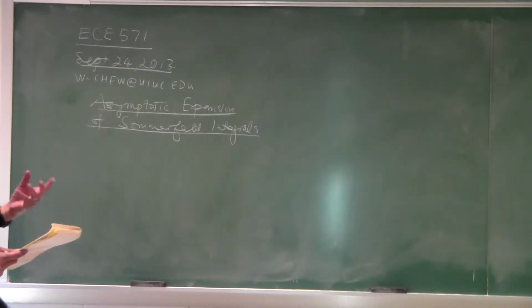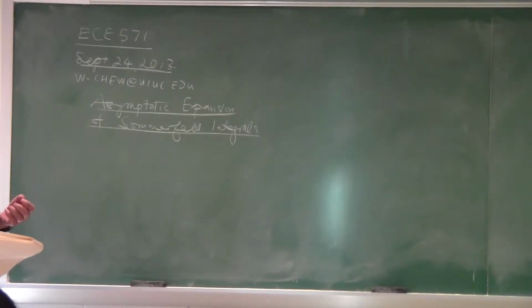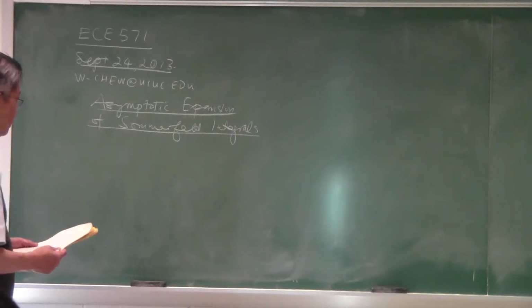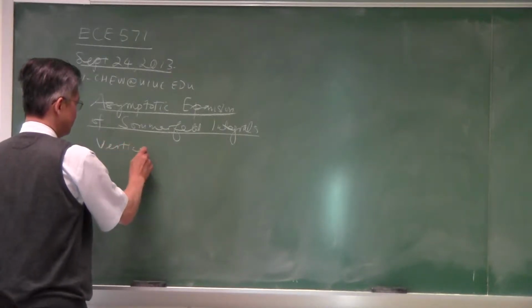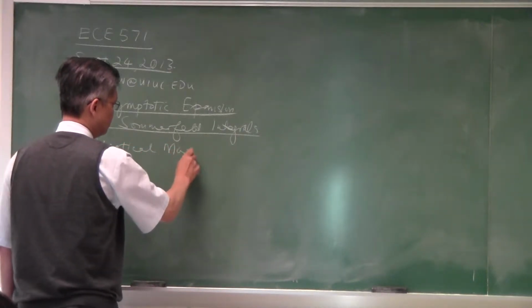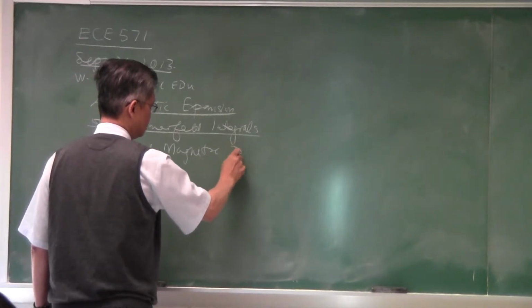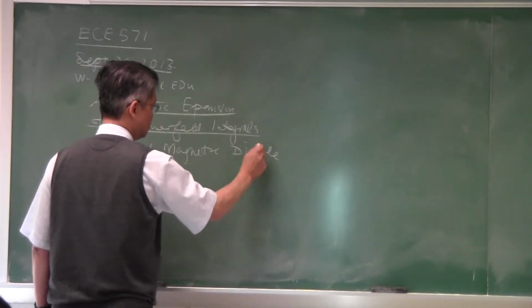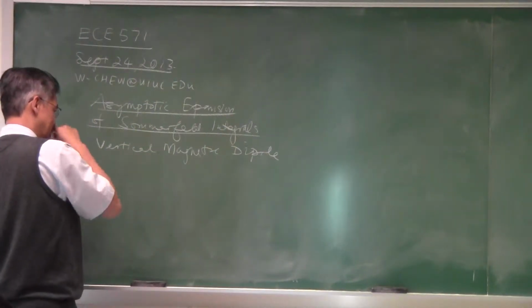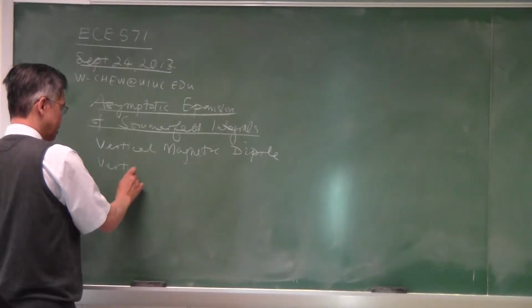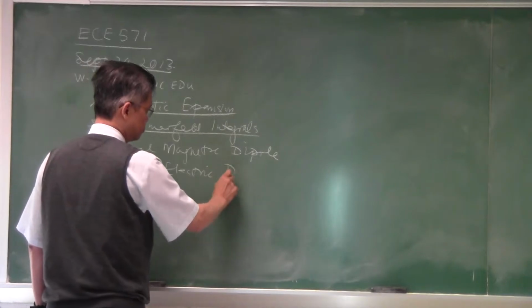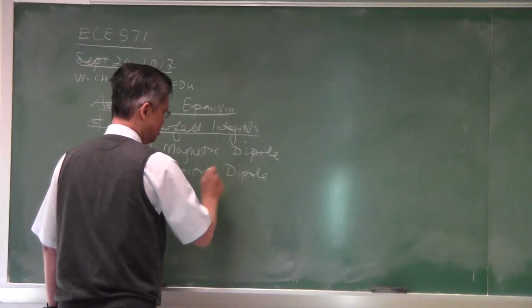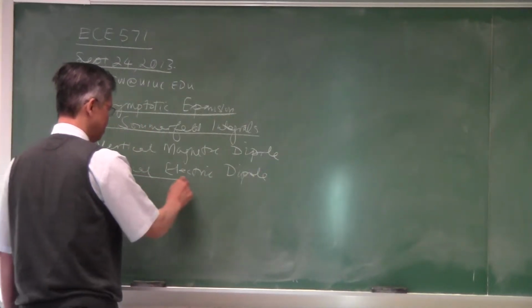But if you perform asymptotic expansions on them, you can gain further insight. I think we did the case of a vertical magnetic dipole last time, and today I'd like to do the case of a vertical electric dipole. There's some new insight to be gained for the vertical electric dipole case.